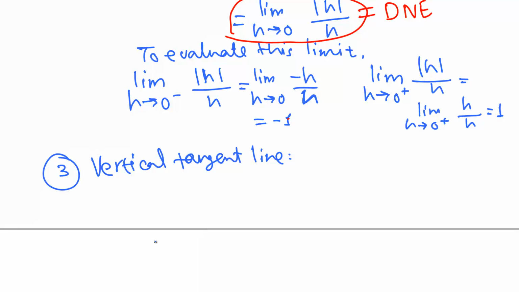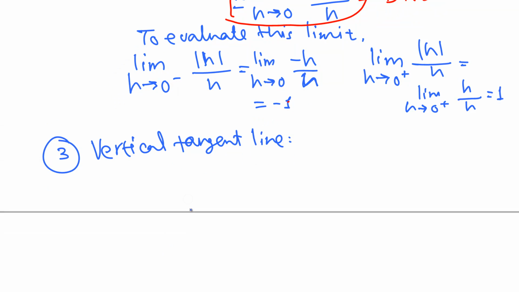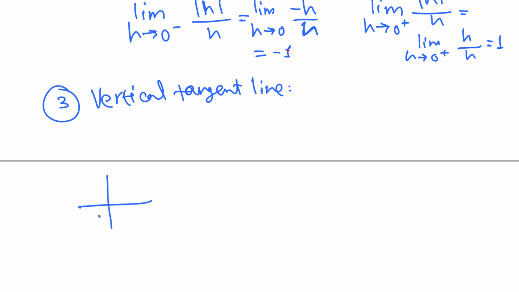When we graph a function, let's say something like this, and at this point A, if we try to draw a tangent line at A, then this will be a vertical line. That means the derivative at A does not exist because the slope of a vertical line is undefined. That's the whole reason. So when we have a vertical tangent line, the derivative does not exist.